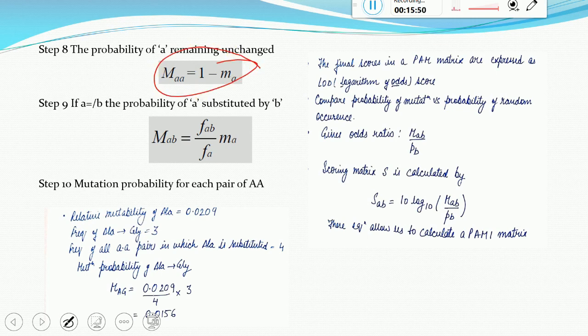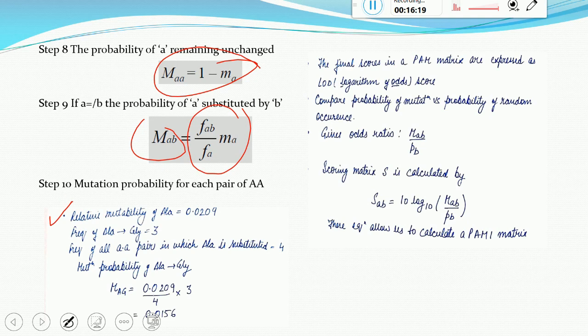The next step is, when A is not equal to B, the probability of A being substituted by B is given by MAB is equal to FAB into MA upon FA. So these are the formulas. Now let's calculate in real terms. The mutation probability of each pair of amino acids will be calculated as follows. The relative mutability we have already calculated on the previous slide for alanine is 0.0209.